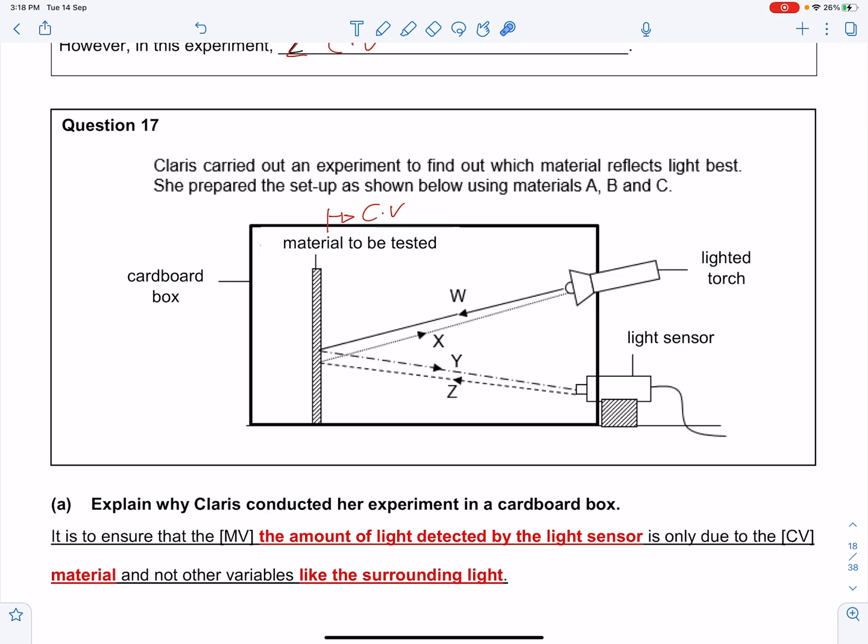In this case, it will be your surrounding light. Now, I know that earlier on I mentioned to try and give at least two. But in this case, it's pretty specific that they are trying to prevent the amount of light from being a second change variable. So you straight away talk about it.